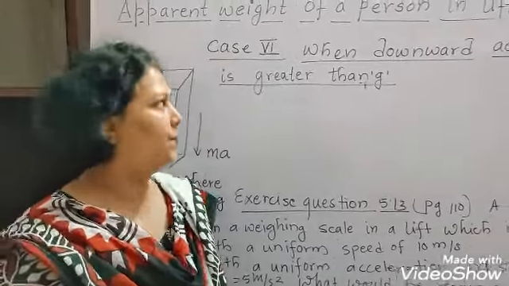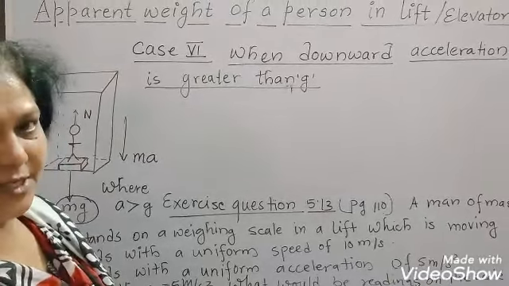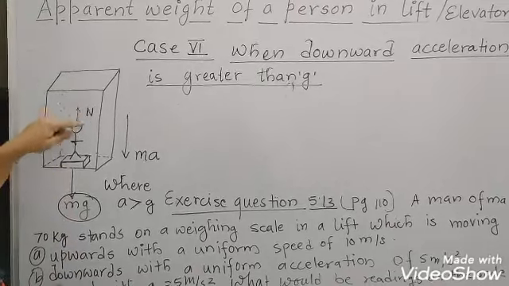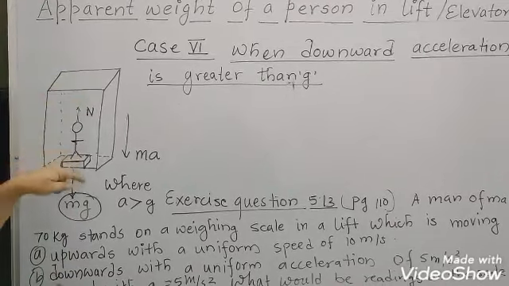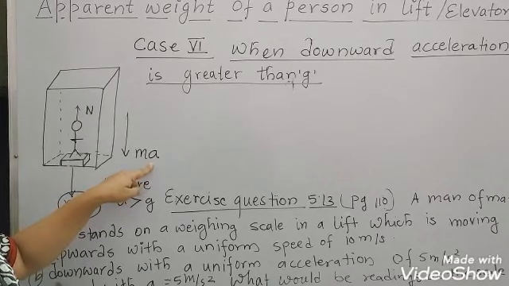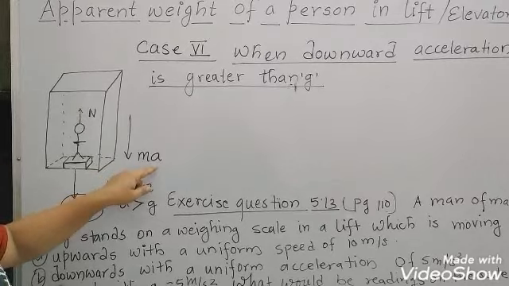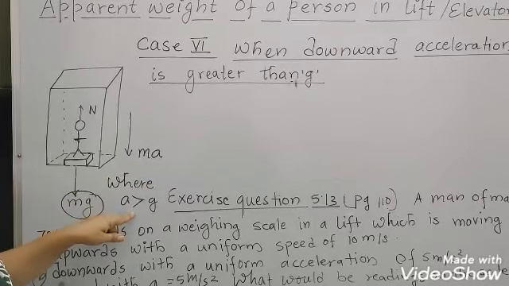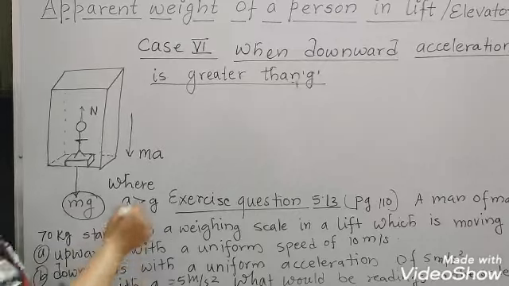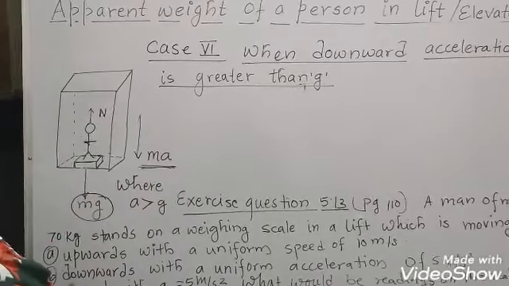Case sixth: when downward acceleration is greater than g. That means the lift is moving in downward direction with acceleration a, and the acceleration a is greater than g. First of all, in this case we have already calculated the formula.